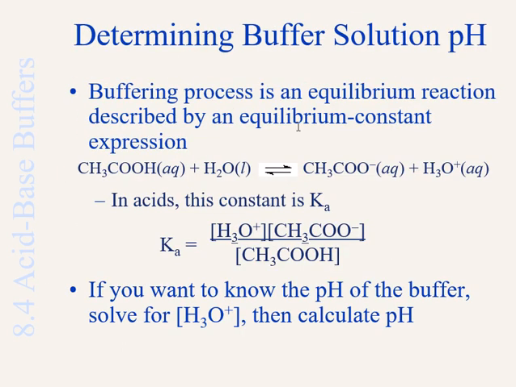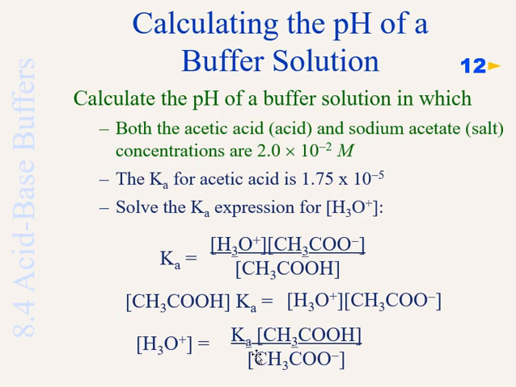Okay. So here is how a buffer solution is made, and we can find out the Ka of this equilibrium. As we know, Ka involves the H3O+ concentration times the conjugate base concentration over the acid concentration. And if we want to know the pH of the solution, we can find it by rearranging this equation for Ka.